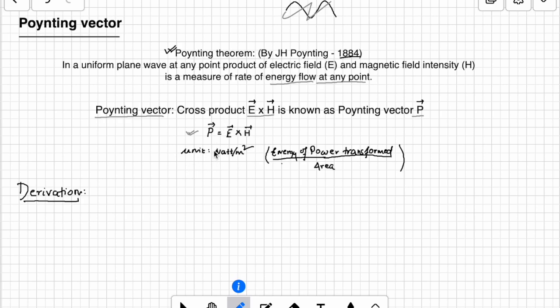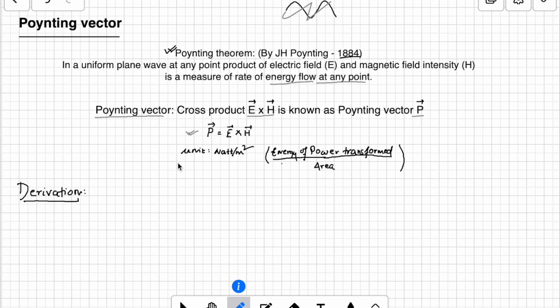In general, we can say that at any particular point, if we want to measure how much the energy is, we can take the concept of Poynting vector. The unit is watt per meter square. Watt is the unit of power, but here we are saying how much energy is transferred from one point to another, so it is power transferred per unit area.